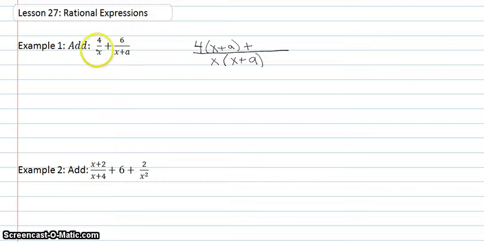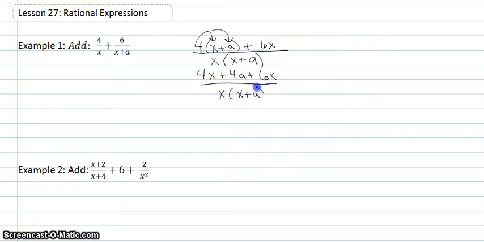And then the 6 doesn't have just the x by itself, so I have to multiply the 6 times the x. And I'll use the distributive property with the 4, so I'll have 4x plus 4a plus 6x all over x times x plus a.